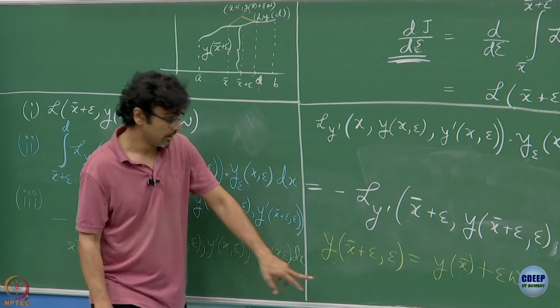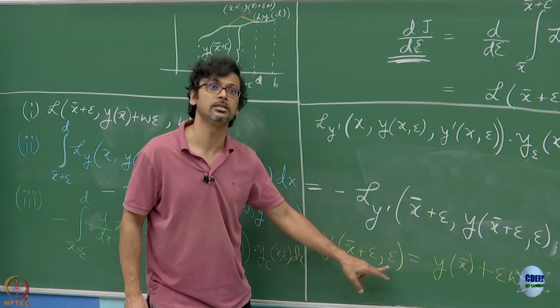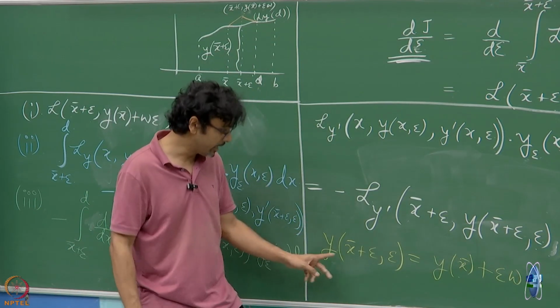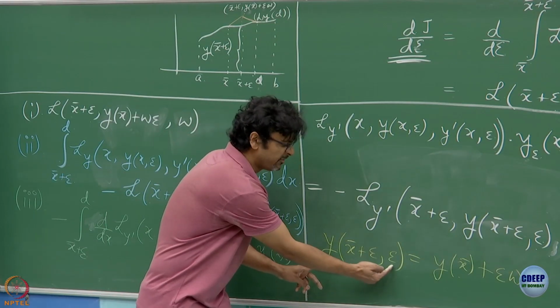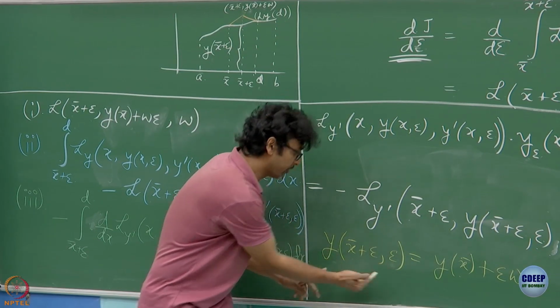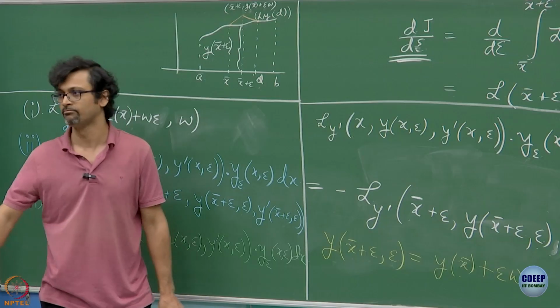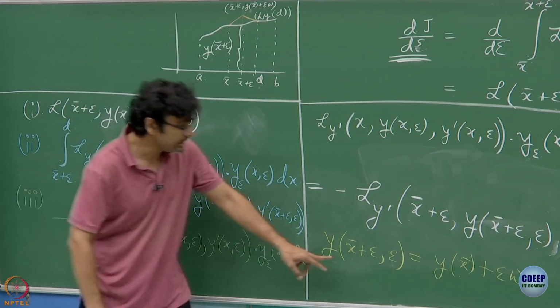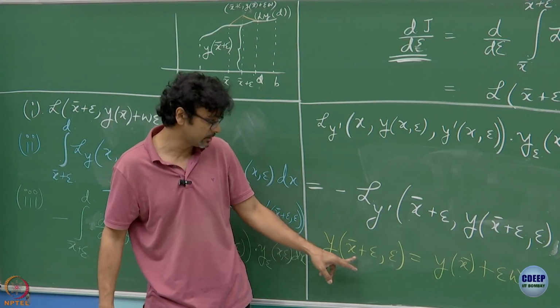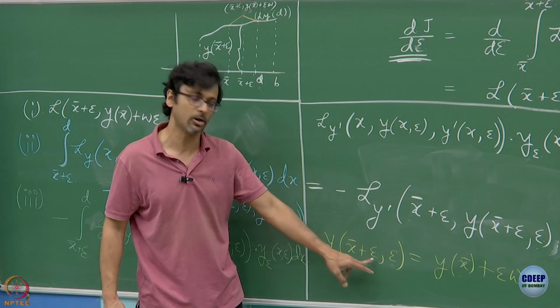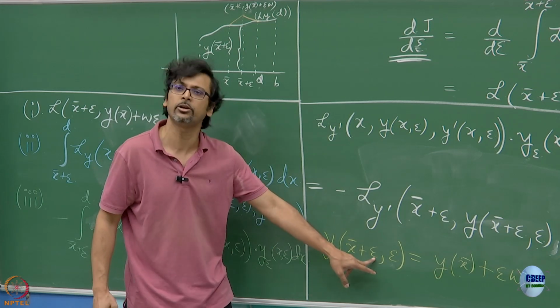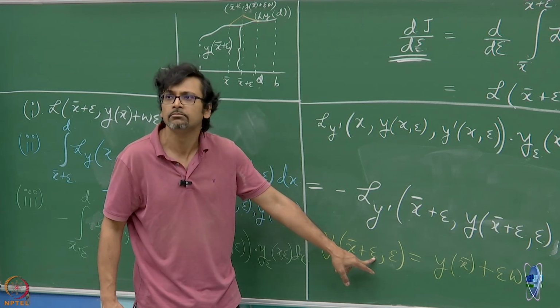Is this clear? Because epsilon is tangled up in both of these. It's not like you just take the derivative with respect to the second argument. The first argument also involves epsilon, exactly in the same manner as it involves x. Wherever there was a linear term in x, there will be a linear term in epsilon. Wherever there is a trigonometric term in x, there will be a trigonometric term in epsilon, and so on and so forth.